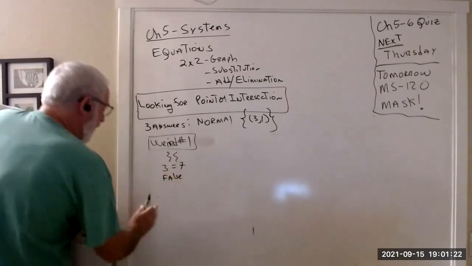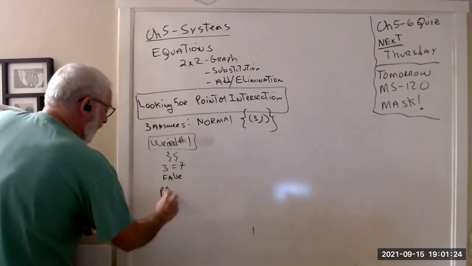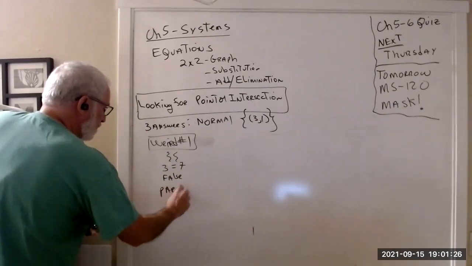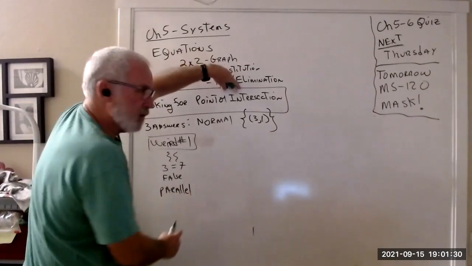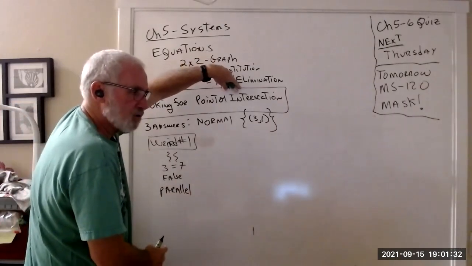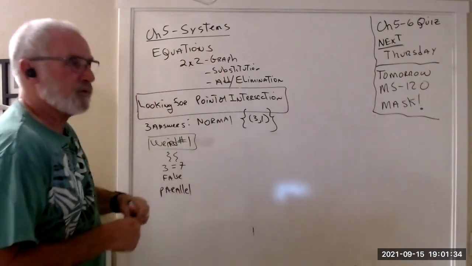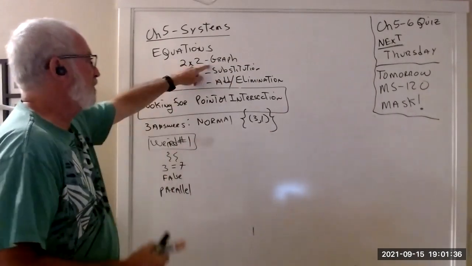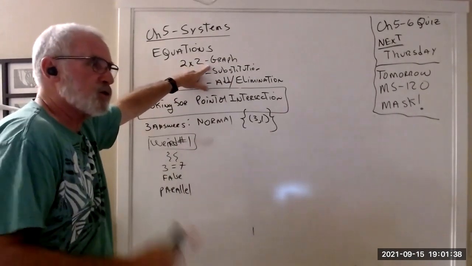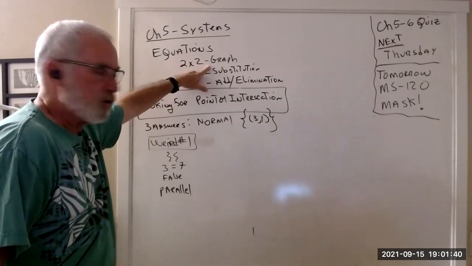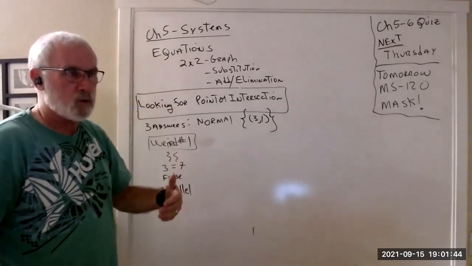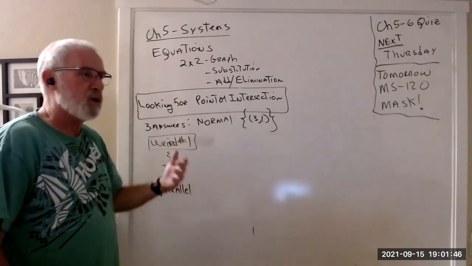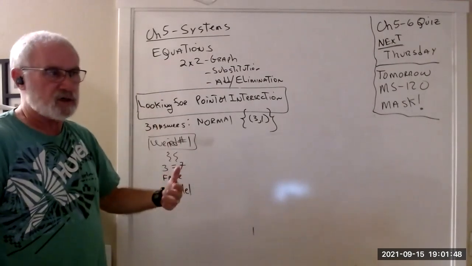And that means my lines were parallel, because parallel lines never intersect. So you're doing it algebra. We've already accepted graphing sucks. Unless the instructions tell you to graph, you don't want to graph. Graphing's really cool for the visual, but terrible for speed and accuracy.